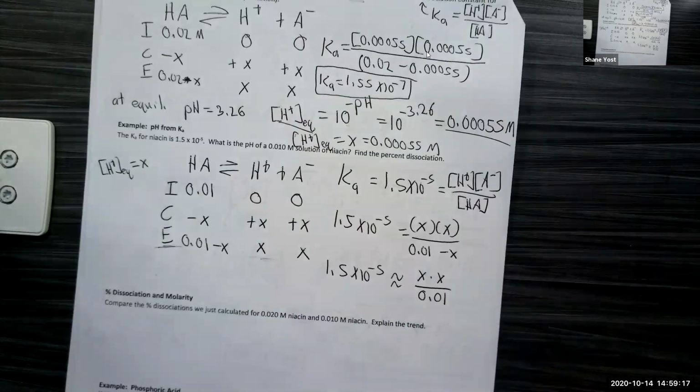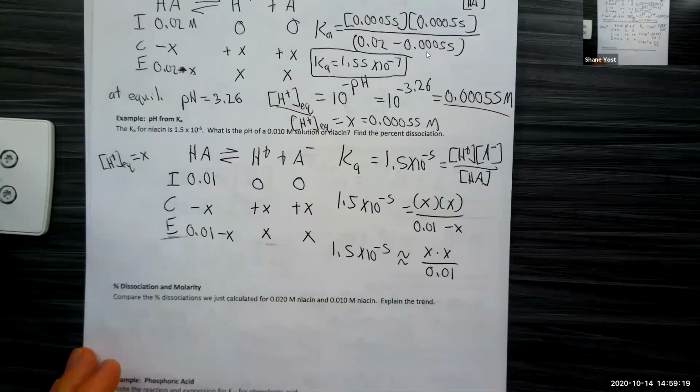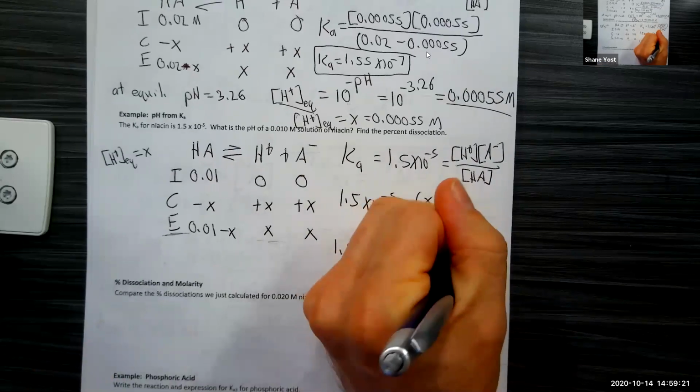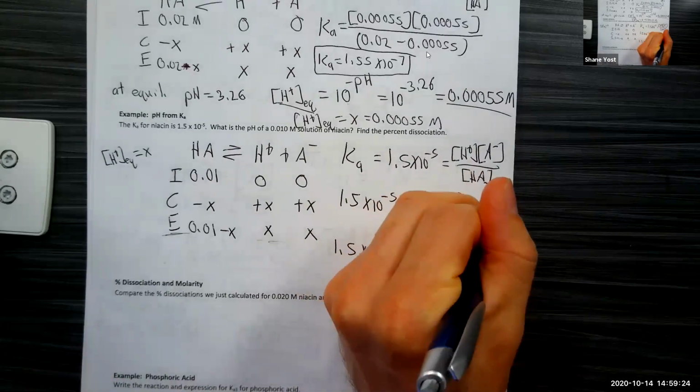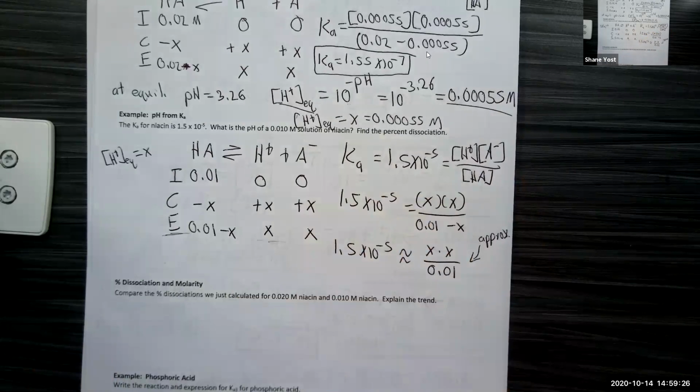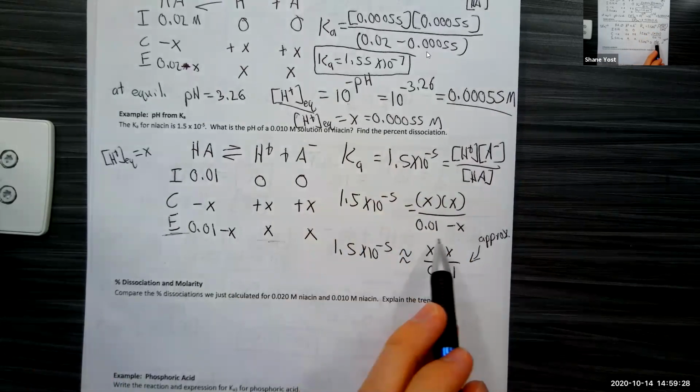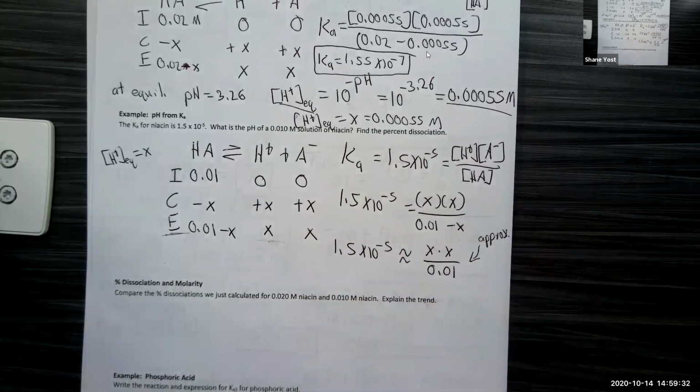Oh, sorry, that's not on the slide here. So this is an approximation. I've made an approximation that 0.01 minus X is basically 0.01. That is an approximation, but it's going to be a very valid approximation for these problems. And we'll talk about the validity of that approximation in a minute.